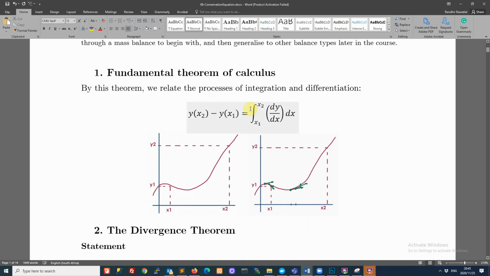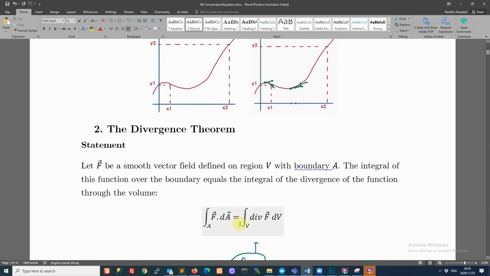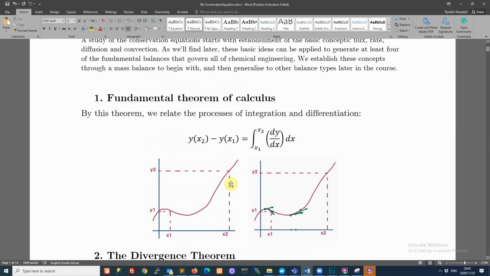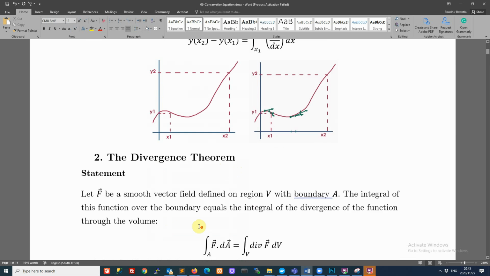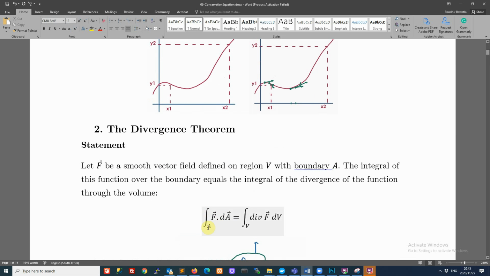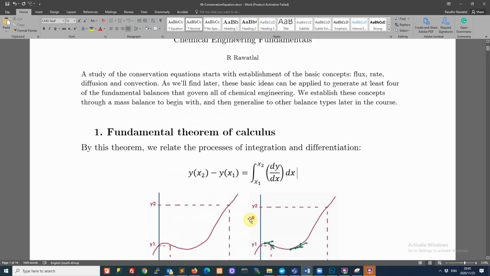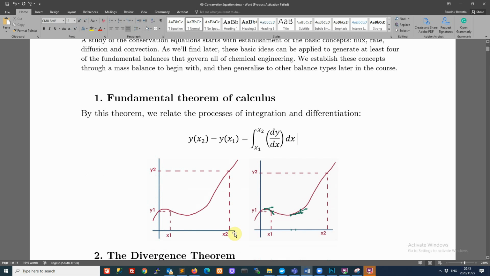And so you should be able to see the analogy between these two cases. This integral of f over the area is in effect the outer points here, right? The area, which is the outer surface of the volume, is shown by these points x1 and x2.